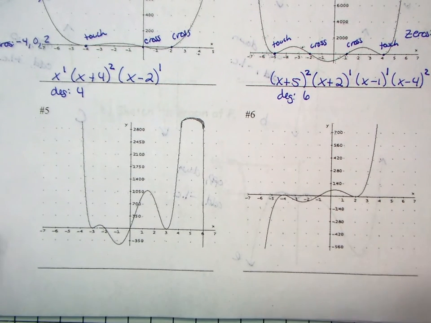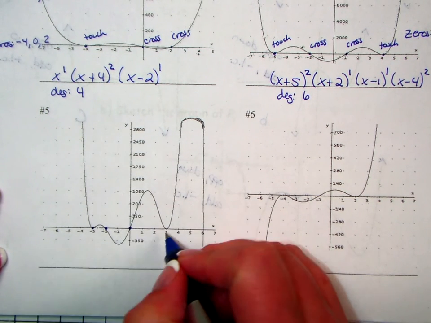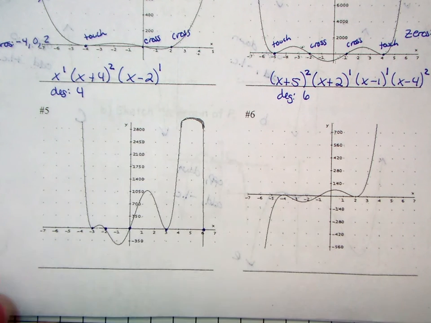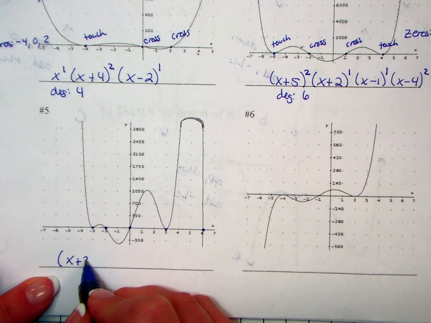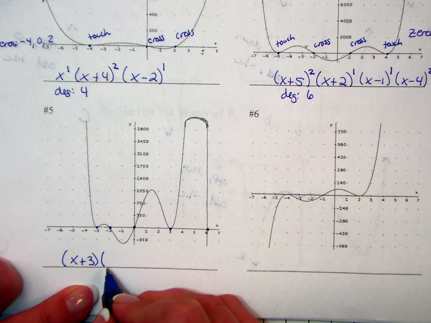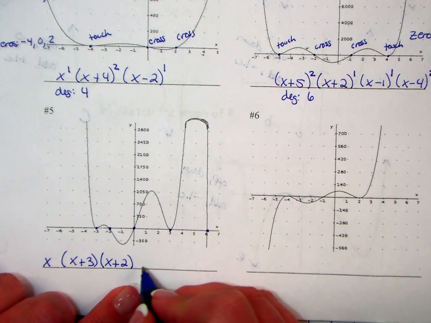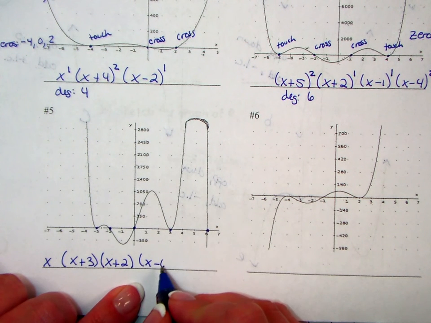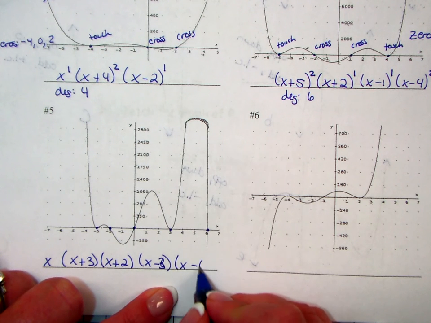Alright, on number 5 here: -3, -2, 0, 3, 6. So I'm just going to skip to the factors. Factors x plus 3, x plus 2, x, x minus 3, and x minus 6.